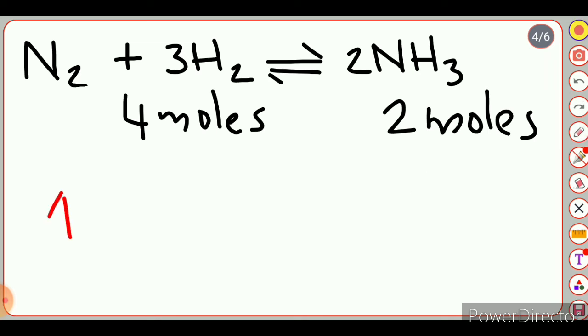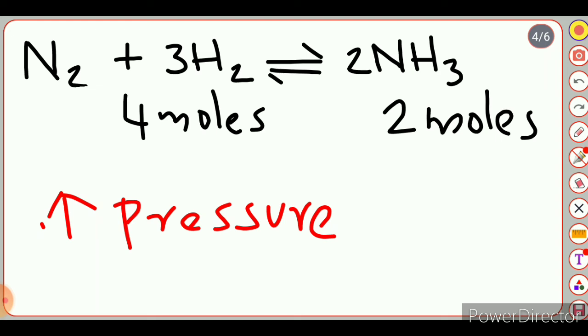So I am going to increase the pressure. The system will try to favor the product side, which is of low pressure. So the forward reaction increases.